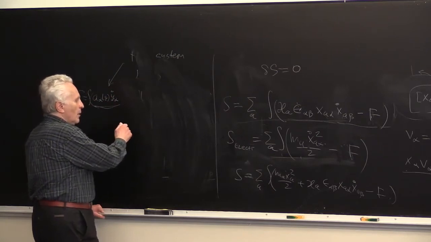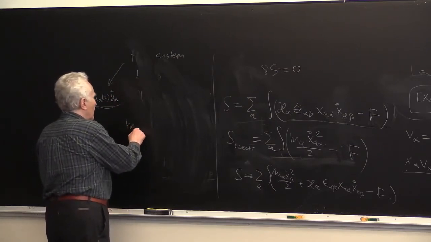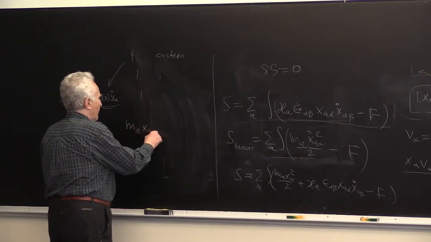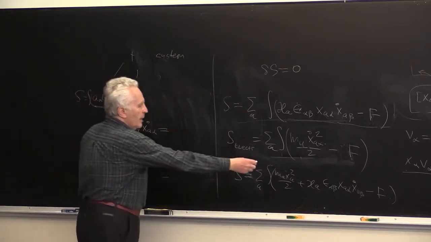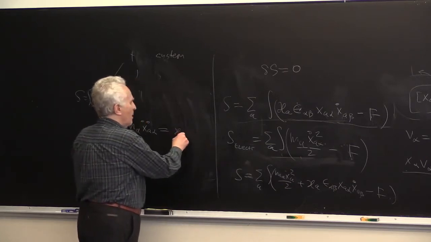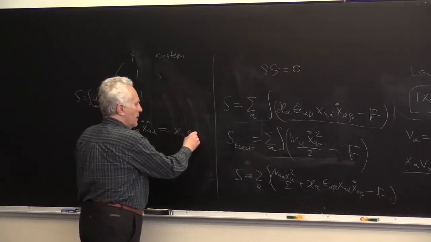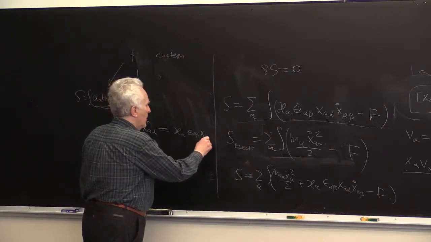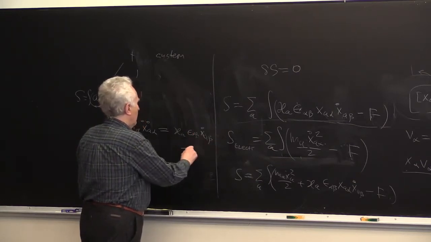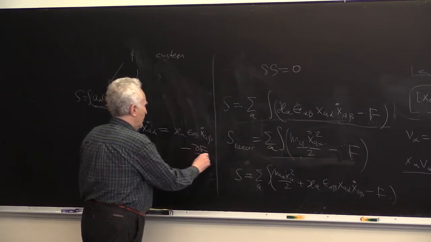Now, if I write down the Newton equation, I will get, by varying this thing, kappa_A epsilon alpha beta x_A beta dot minus dF.